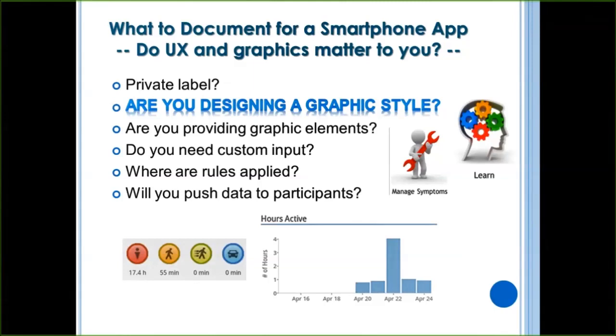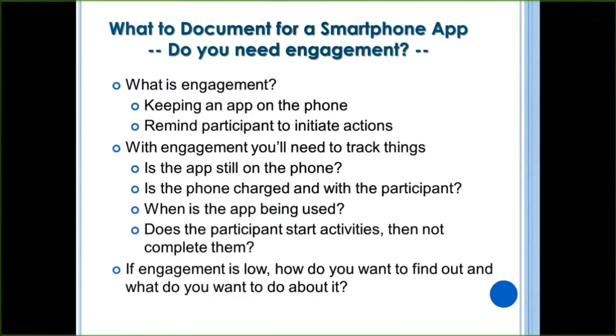Do you know where you need to have decision rules applied? Can they be back on the cloud, or do you need to be free of any possible interruption of transport and push those rules down to the app itself? Do you need an engagement?